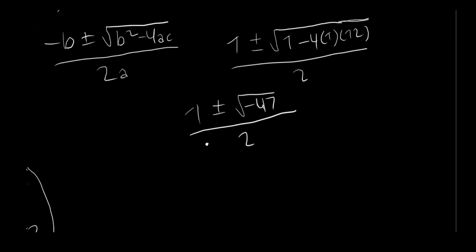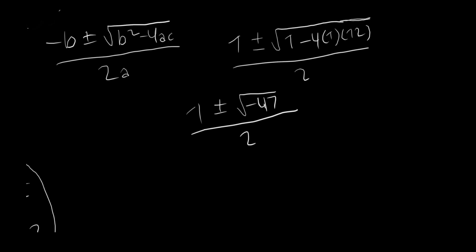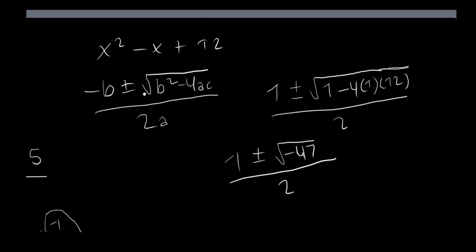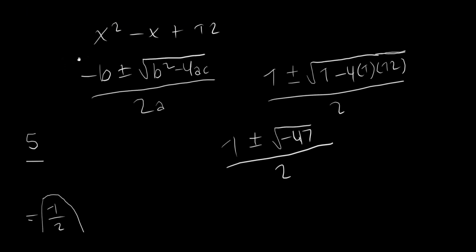Well, we know that a negative square root is not possible in the real number world. So this quadratic equation, x squared minus x plus 12, has 0 roots, because the square root of the discriminant is negative 47.